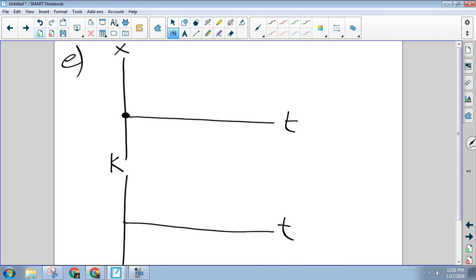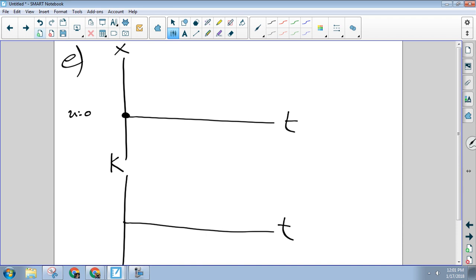All right? Now, here's the deal, though. So, how do we want to do this? So at that instant, let's do it this way. If x is 0, doesn't that mean U is also 0?